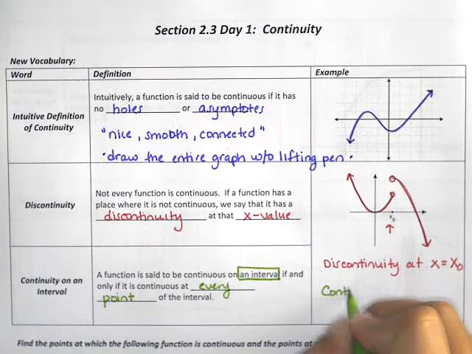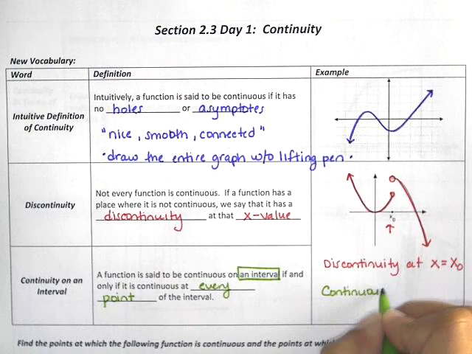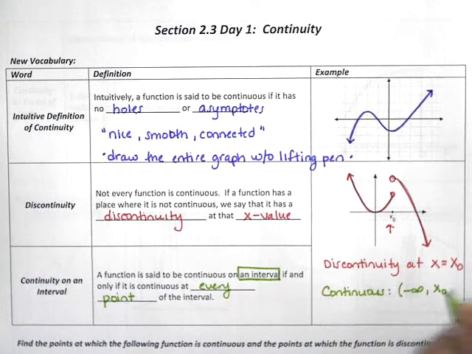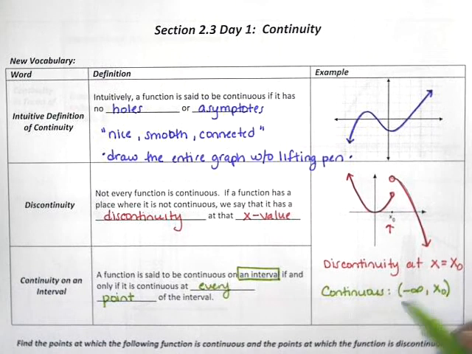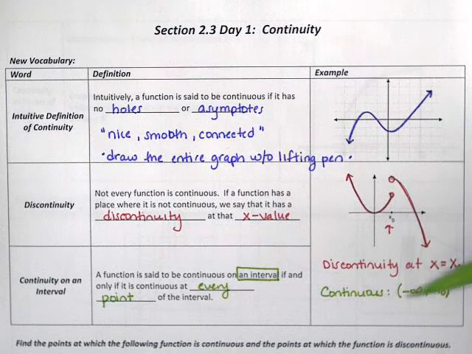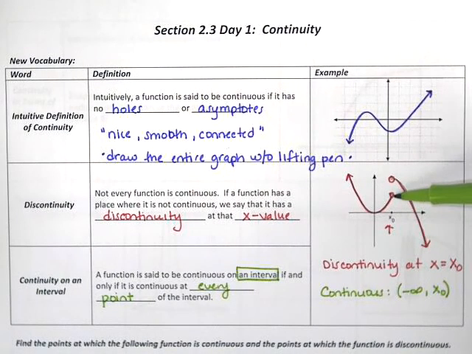So if I said, where is this graph continuous? You would say from negative infinity to x sub naught. And I'm going to make both of those open brackets, which means I'm using parentheses. The reason I'm using parentheses is because it is not continuous at this endpoint, since it's an open circle. And we never get to use a closed bracket for infinity.